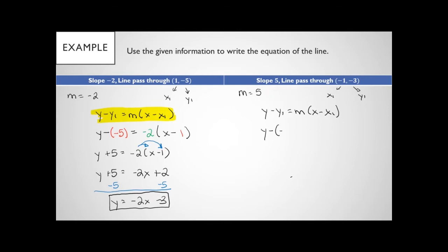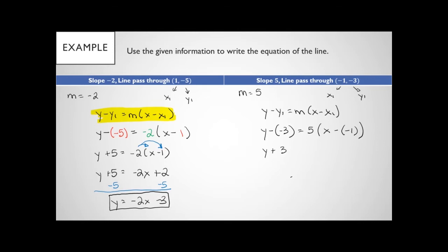So y1 is -3, so I'm going to have y minus -3. My slope is 5. Then x minus, and x1 is -1. So all of these subtracting and negatives I'm going to rewrite as adding.